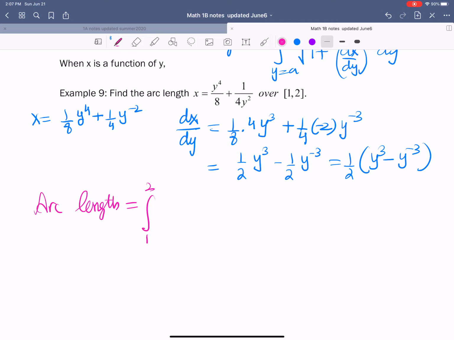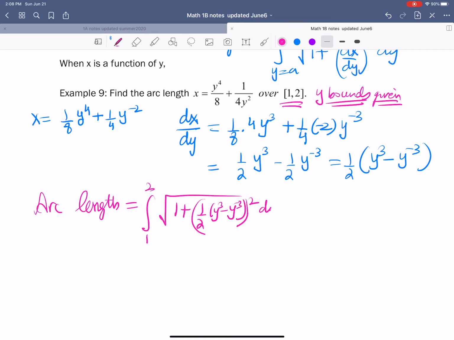Let's just assume that we are given the y bounds. So arc length is from 1 to 2 square root of 1 plus x prime, dx/dy, squared dy.